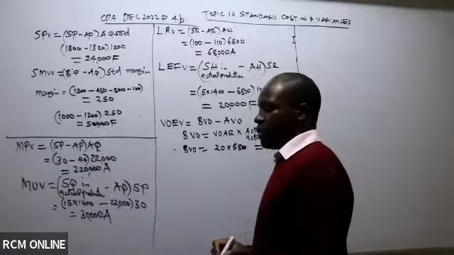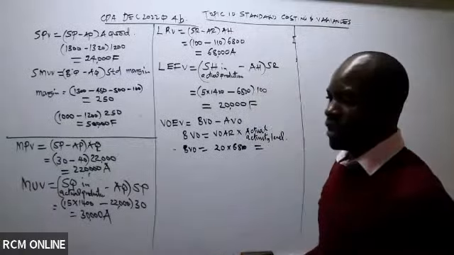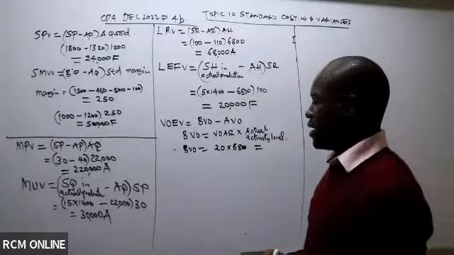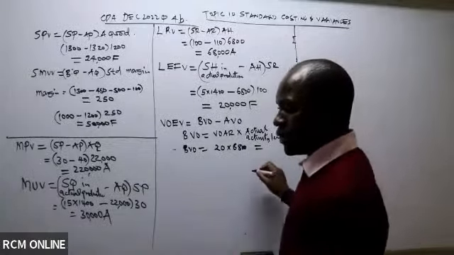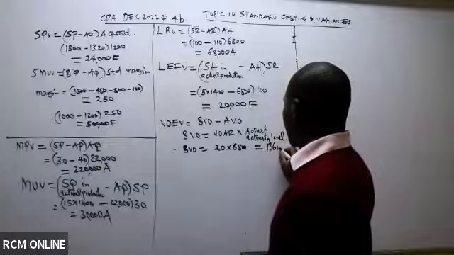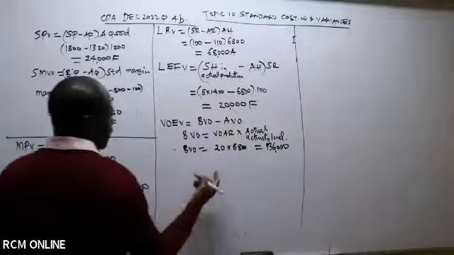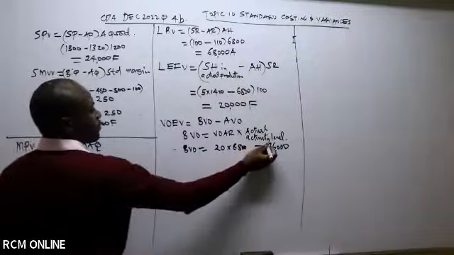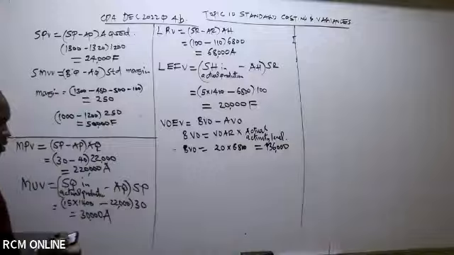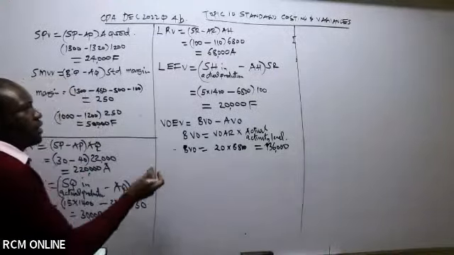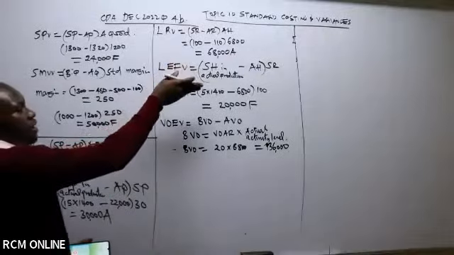What is your budgeted variable overhead? 136,000. So we have 136,000 as the budgeted variable overhead, and of course we have actual variable overhead.